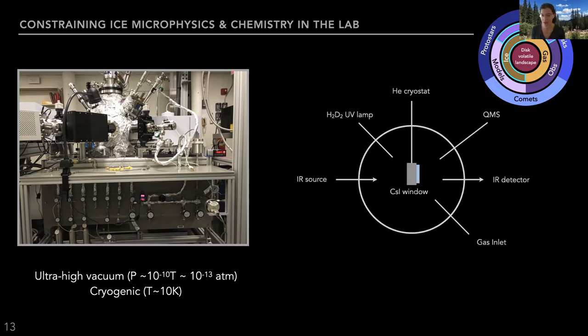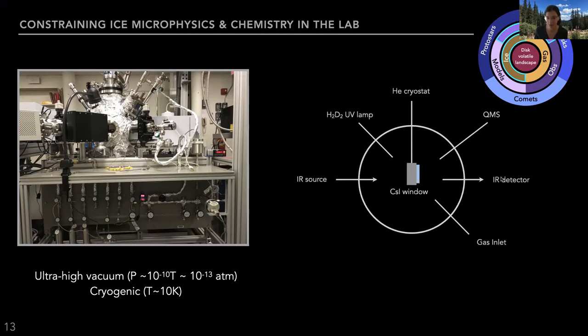This is just a schematic of the different instruments that we have at our disposal in the chamber. We will deposit volatile molecules that we're interested in studying through this gas inlet. The cesium iodide window is cooled down to about 10 Kelvin by the helium cryostat. And so the volatiles that we release into the chamber condense on the cesium iodide window, forming our ice sample.